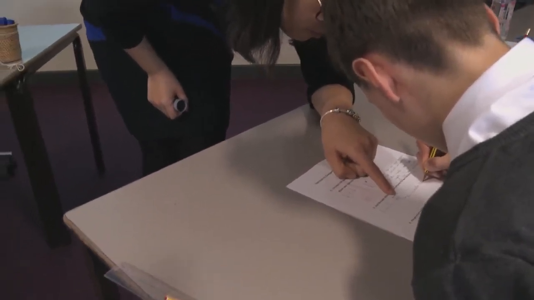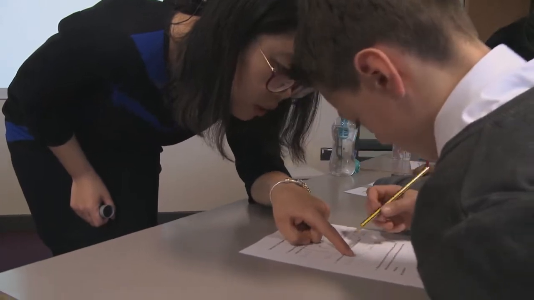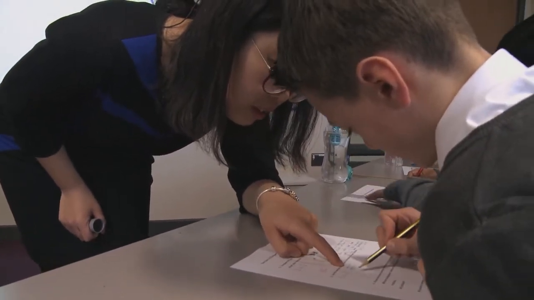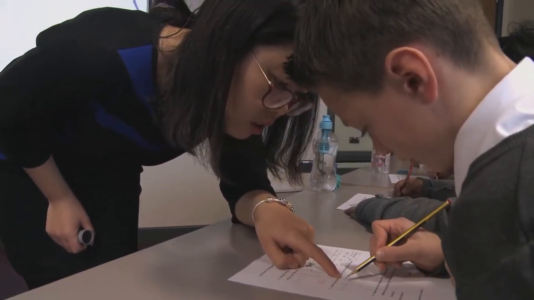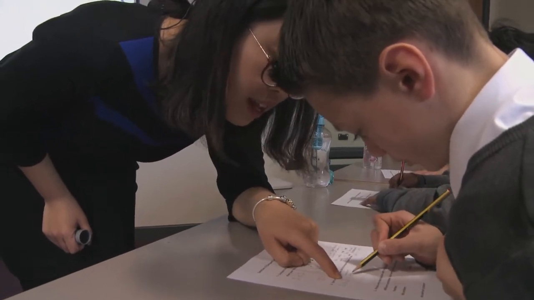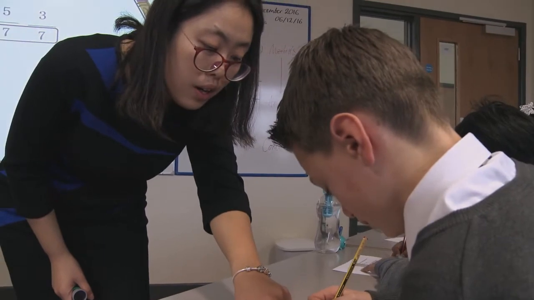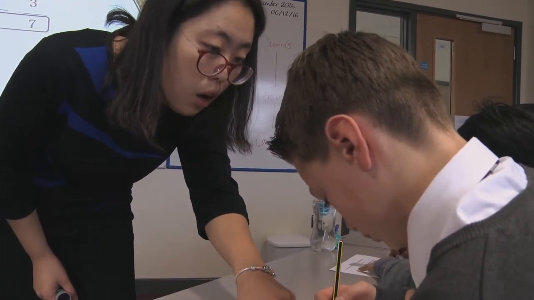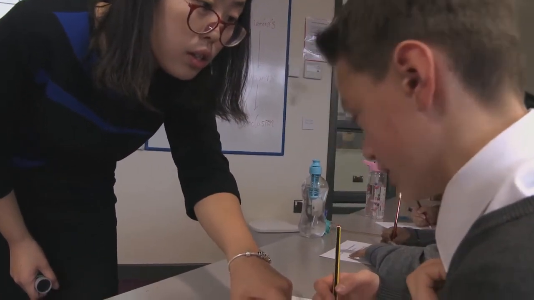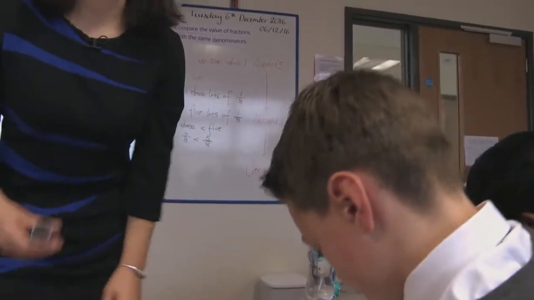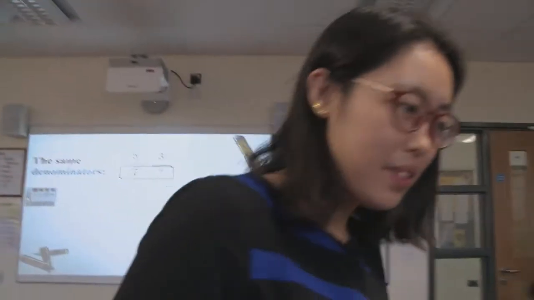1, 2, 3, 4, 5, 6, 7. 1, 2, 3. So what's this? This is 3 sevenths. And this? Oh, 3 sevenths means what? Means I divided a whole into 7 equal parts. Yes. Okay.